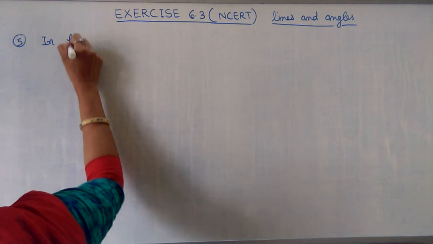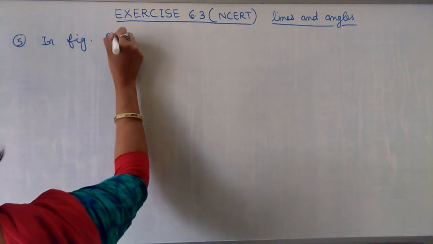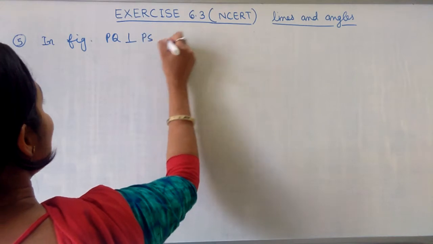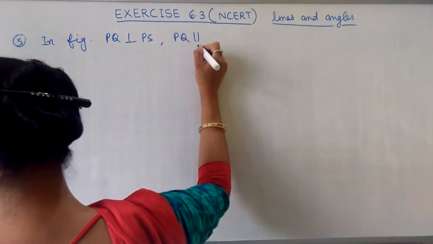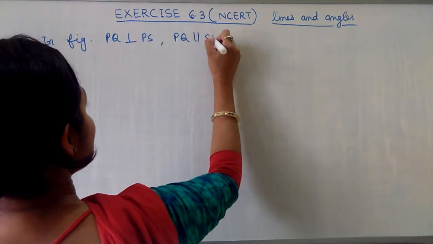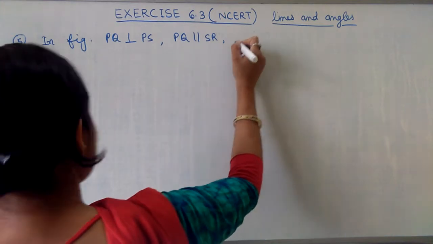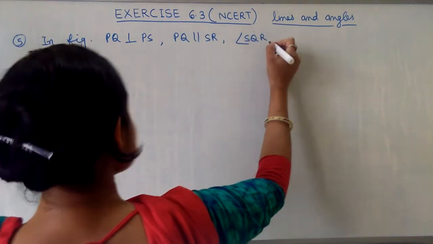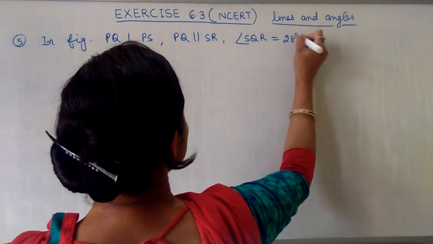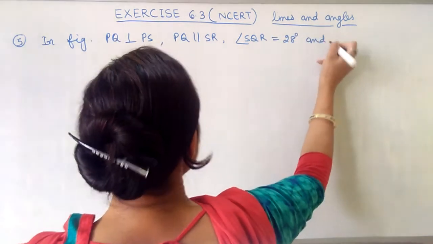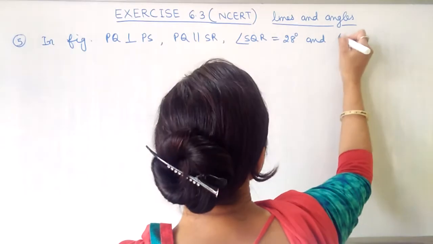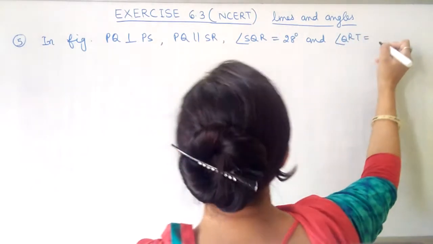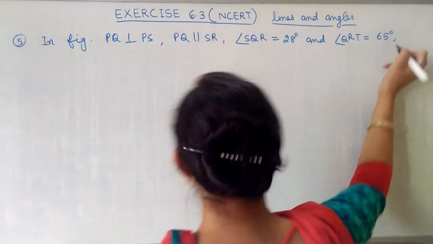In the figure, PQ is perpendicular to PS, PQ is parallel to SR, it is given, and angle SQR is equal to 28 degrees and angle QRT is equal to 65 degrees.